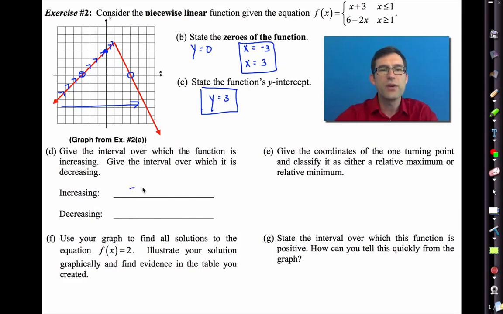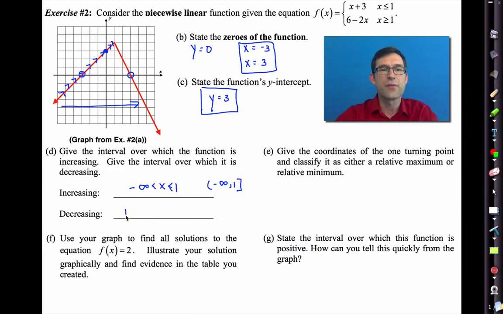So in fact, it's going to increase from negative infinity, can't put an equal sign there, less than or equal to 1. Whether you put that equal there or not doesn't really matter. In interval notation, negative infinity to 1.